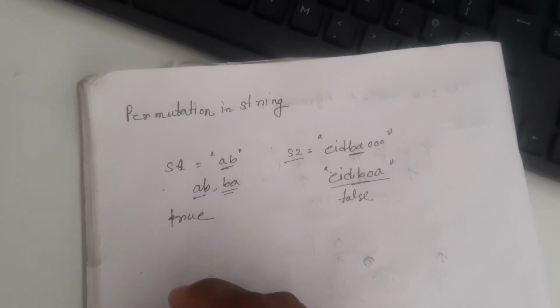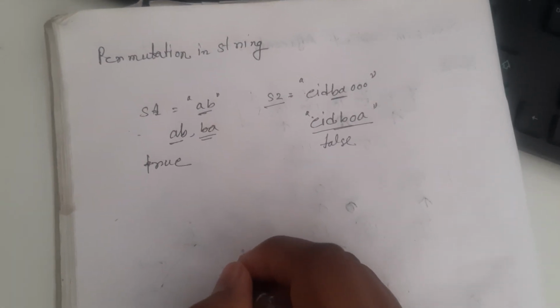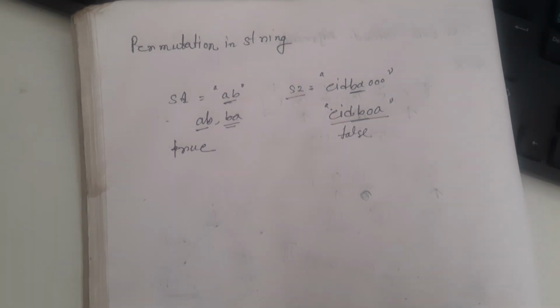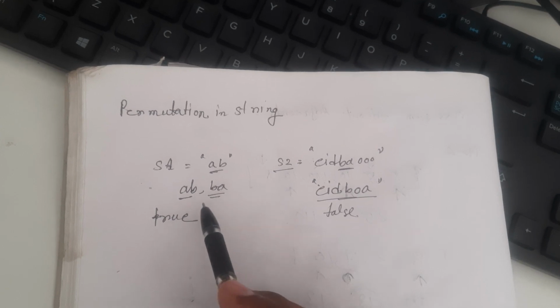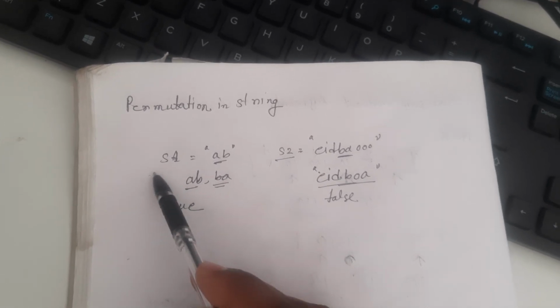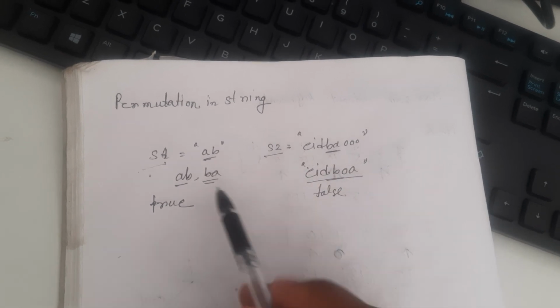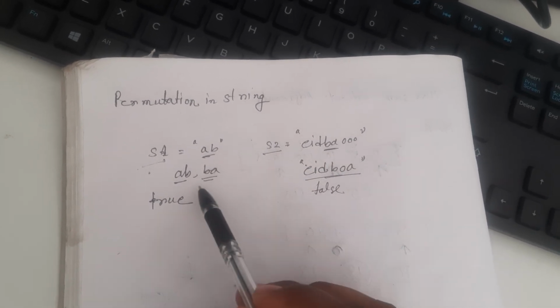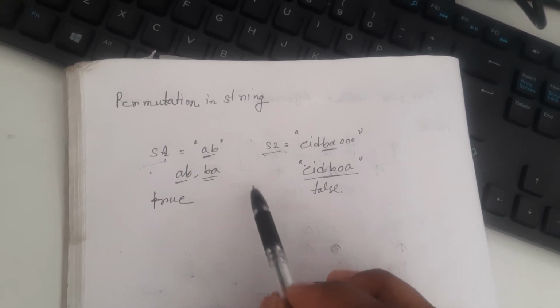To solve this problem, let's first try a quick observation. If I am able to get all permutations of s1, then I can check every permutation to see whether it is a substring of s2 or not.